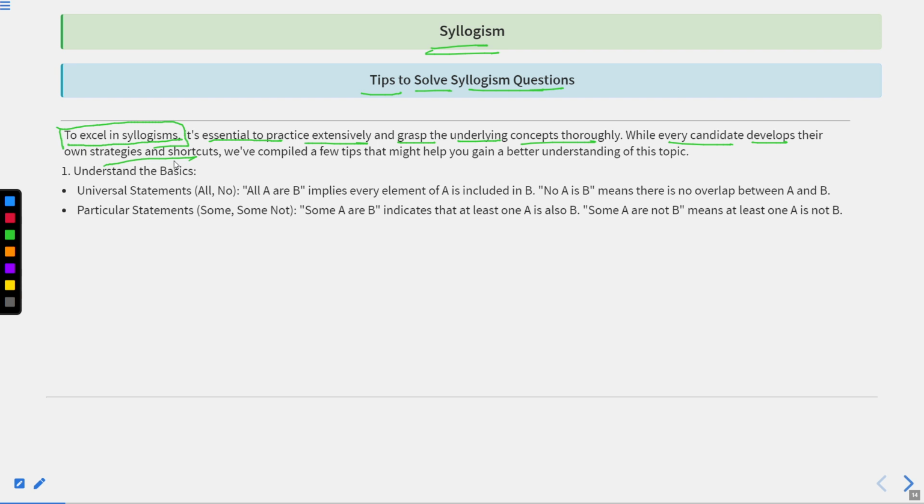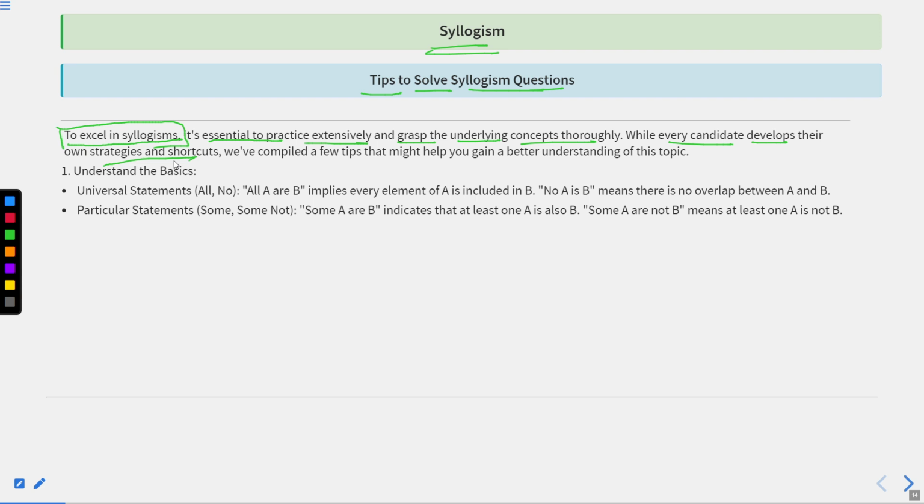that you should adhere to the concepts that we have discussed in this lecture series, because these particular concepts and tips have been developed after thorough analysis and deep understanding of syllogism, and only after this is whatever we are studying in this lecture series being presented. So if you feel that your approach is fine, you need not get into this lecture series, you can end this video and just go through the practice papers so that you become more acquainted with syllogism, and practice will be more than sufficient for you.